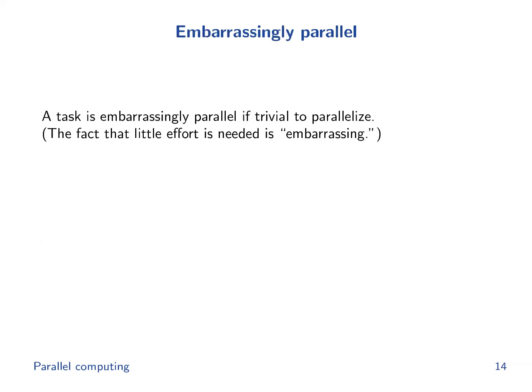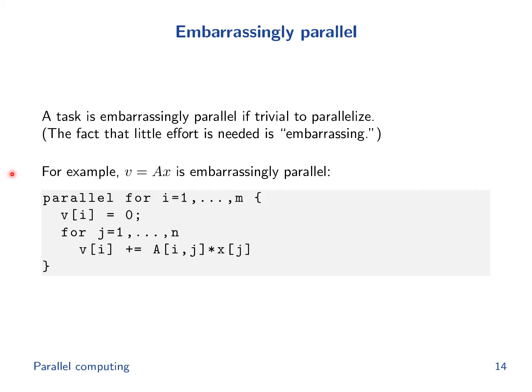We say a computational task is embarrassingly parallel if it's trivial to parallelize. Embarrassing here is a good word because little effort is needed. Besides the matrix addition example in the previous slide, we can also look at this example where we compute the matrix vector multiplication assigned to v. We have a parallel for over the entries 1 through m.